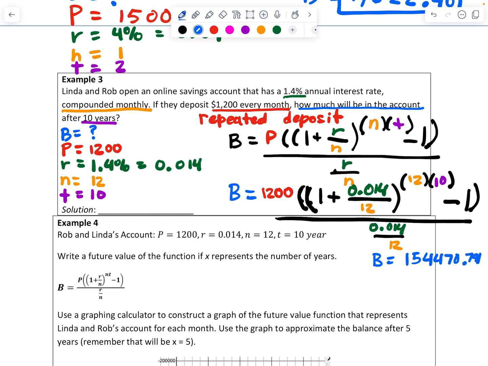And again, if you're not getting that in your calculator, ask me to come help you now, please. So your solution, how much will be in the account after 10 years? $154,470.79. After the 9 comes just 1, so we'll keep it 0.79. And that would be our answer.